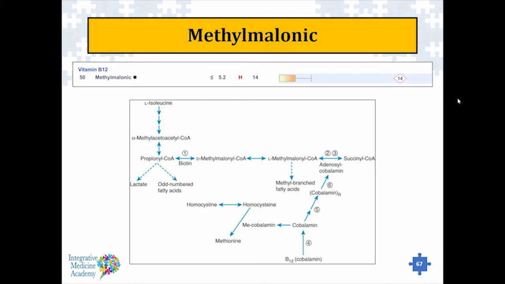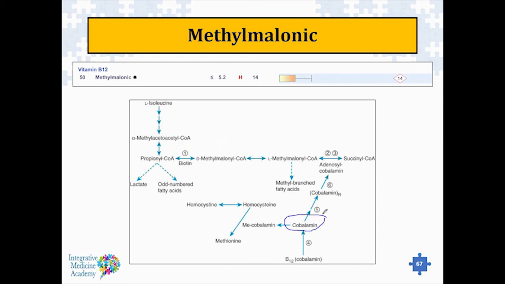It's interesting in that one of the things that helps to move things in a forward direction in this pathway is biotin. One of the markers seen on the organic acid test for a biotin deficiency is an elevation of something called methyl citric. It's actually on the nutritional markers section of the OAT.